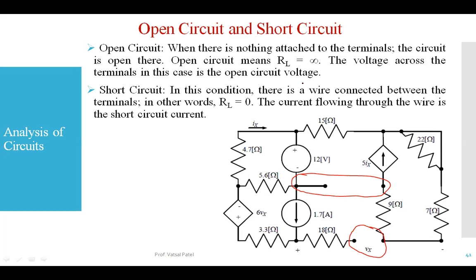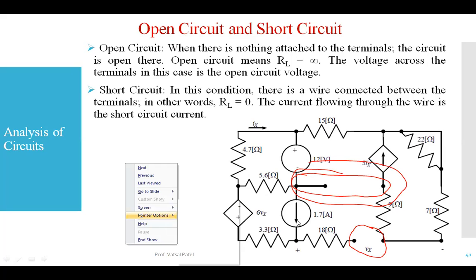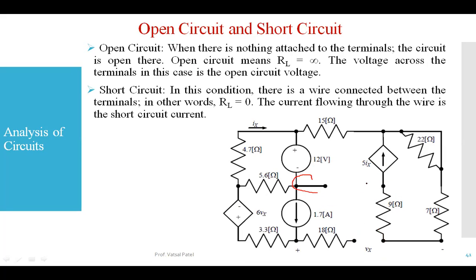And for the open circuit, the resistance will be infinite. So by the voltage across that terminal, you can identify the open circuit case. So can we say this is also an open circuit, this terminal or this case? Can we say this is an open circuit?